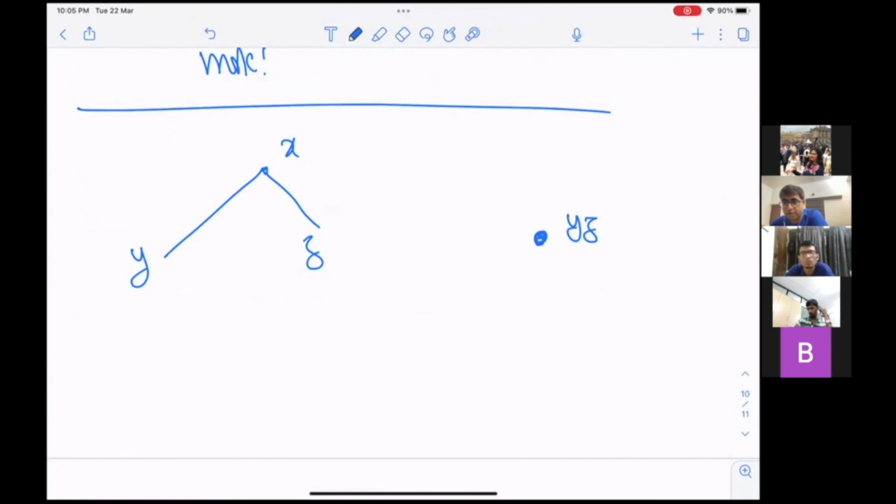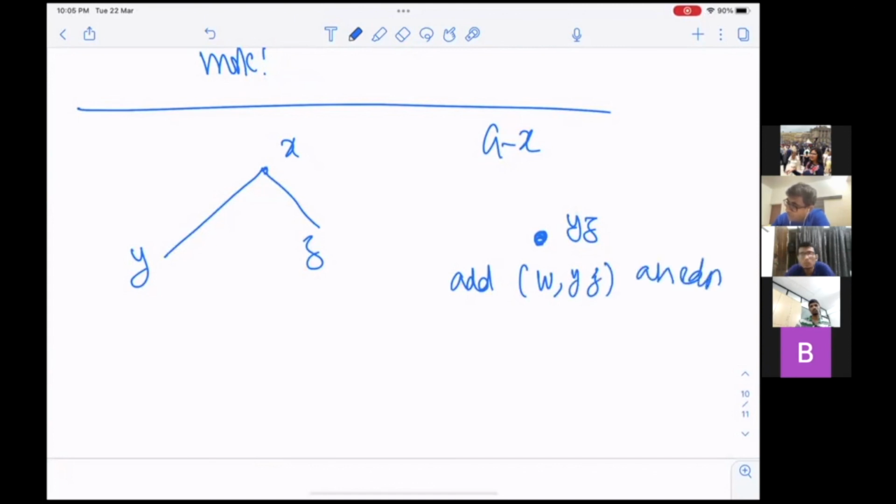First I do G minus X. Then I make a new vertex YZ and add an edge WYZ if W belongs to the neighborhood of Y or W belongs to the neighborhood of Z.